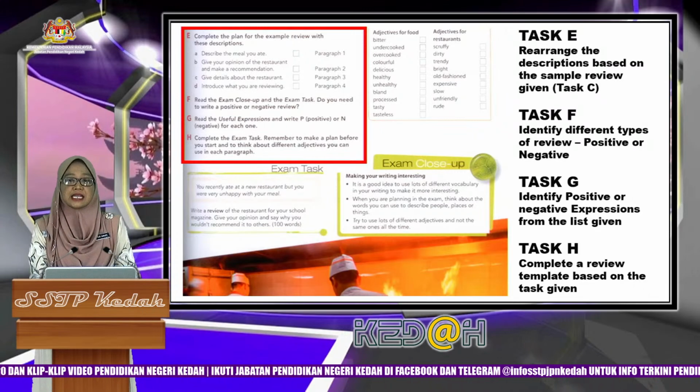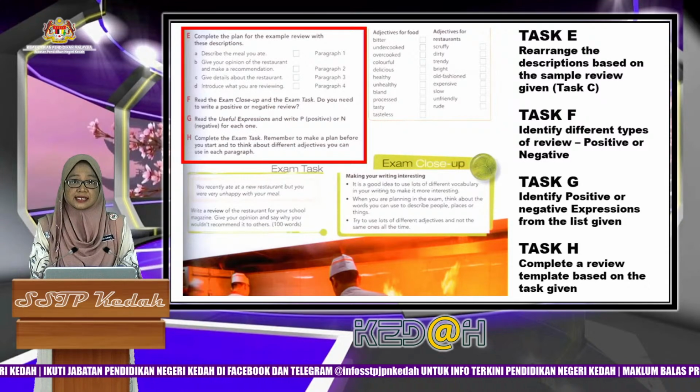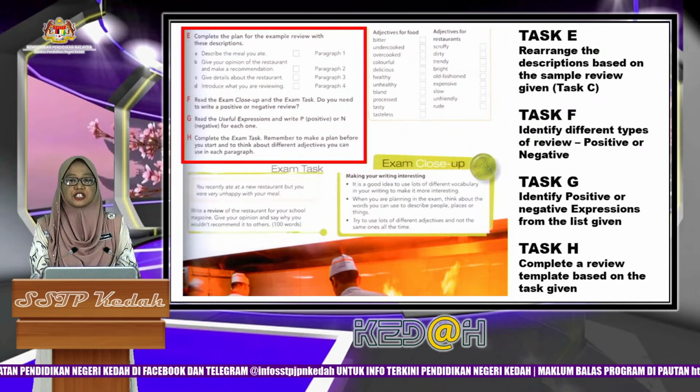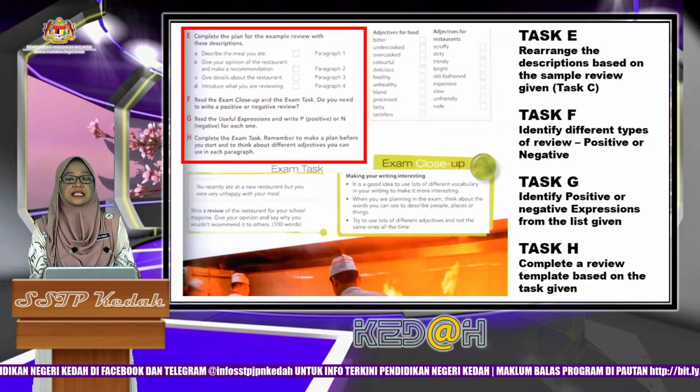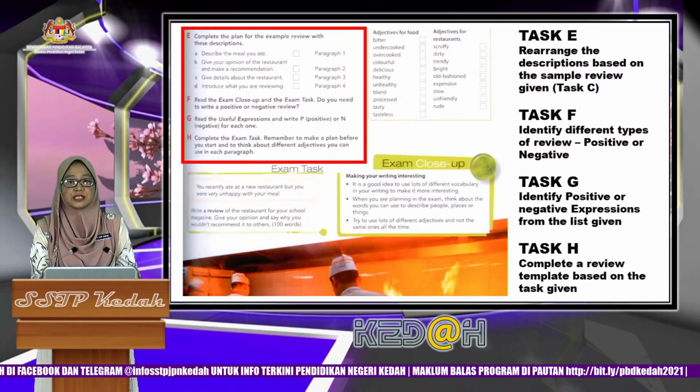For task E, the pupils are required to rearrange the descriptions based on the sample review given in task C. For task F, students are required to identify different types of a review, whether it is positive or negative.